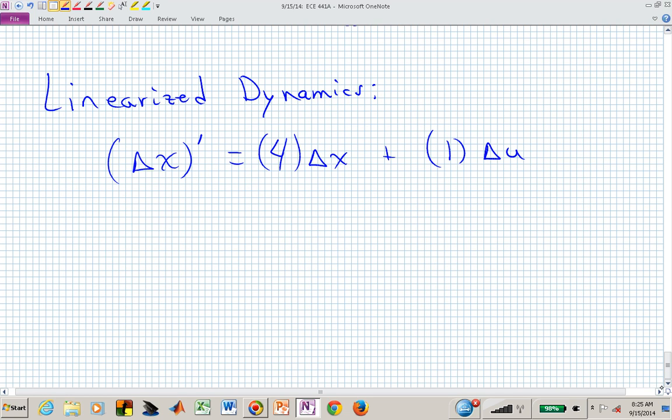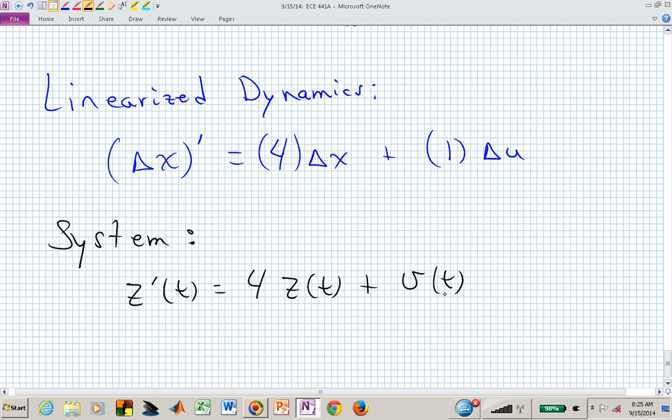If those deltas make you a little nervous, just rewrite it. You could just say, okay, our system behavior is going to be governed by, let me just call z equal to delta x. Now I have z prime is equal to 4 z of t plus, let's say, delta u, let's just call it v of t.